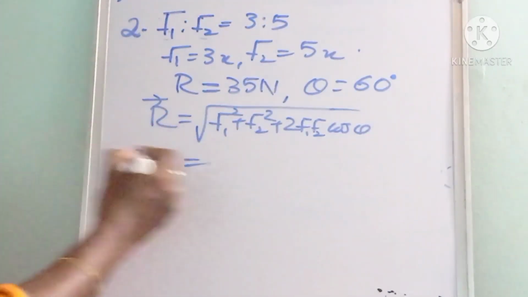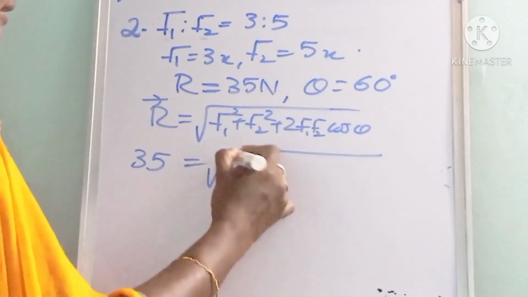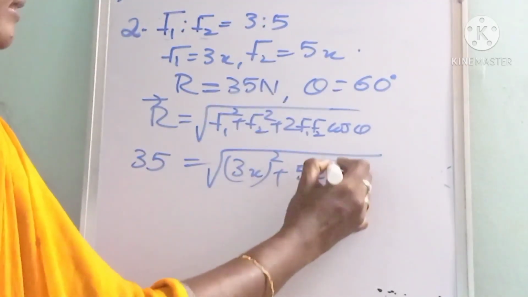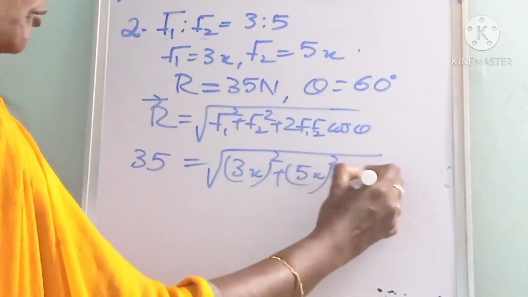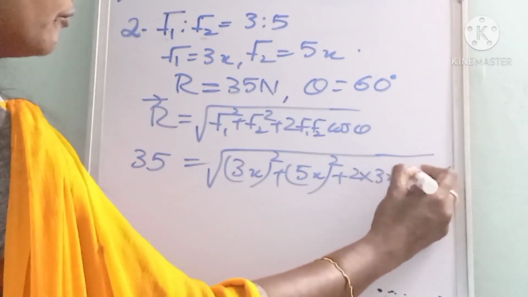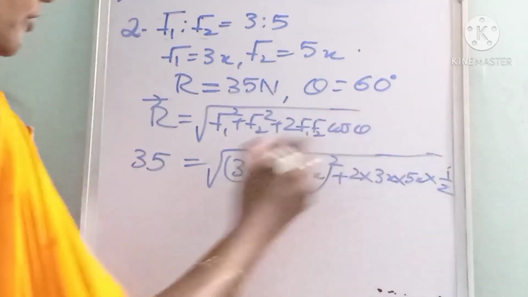Here the resultant force is given as 35. So 35 is equal to the square root of F1, which is (3x) the whole square, plus F2 square, which is (5x) the whole square, plus 2 into F1, that is 3x, into F2, 5x, into cos 60, which is 1 by 2.